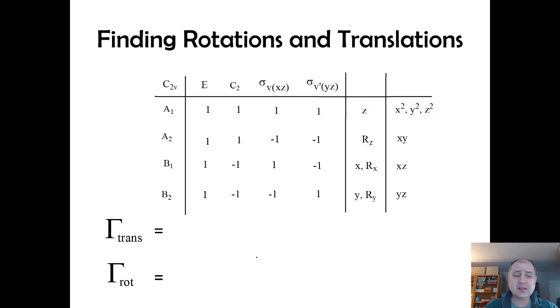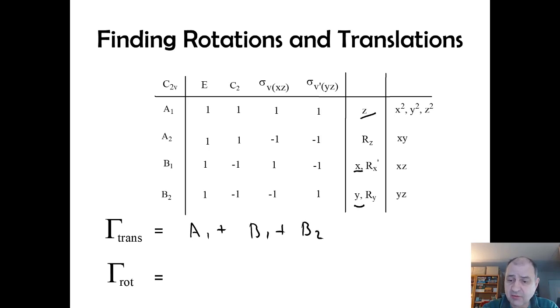The next thing is we're going to take out the translations and the rotations. We can find them from the character table. The translations are going to be here. See, I have a Z, that's my A1. And I have the X and I have the Y, so we have a B1 and a B2. Those are my 3 translations.